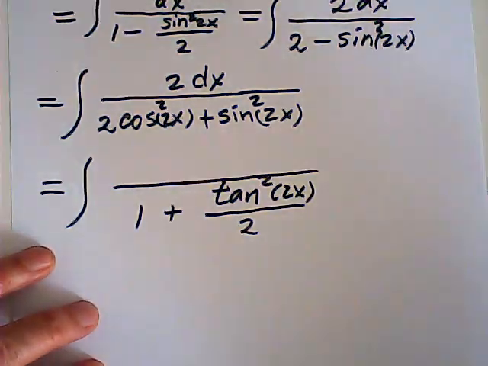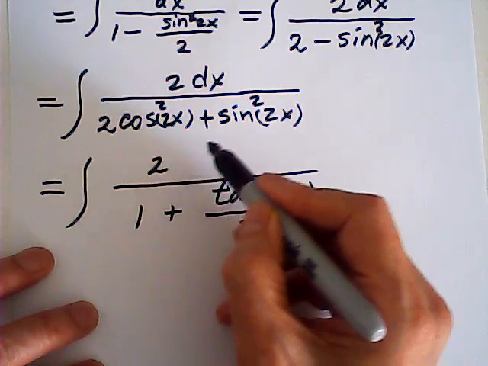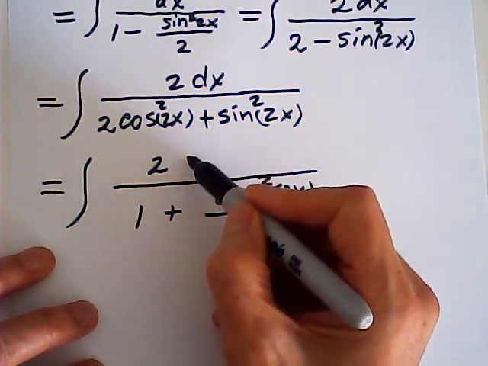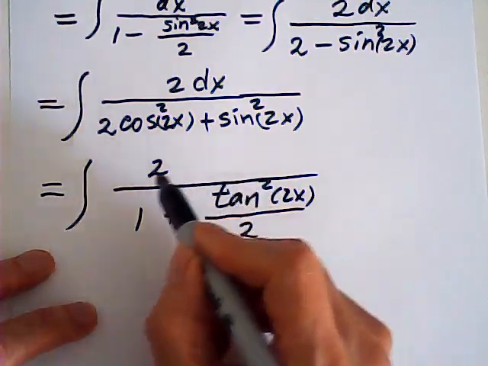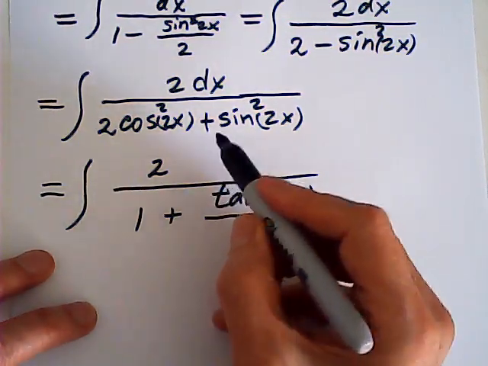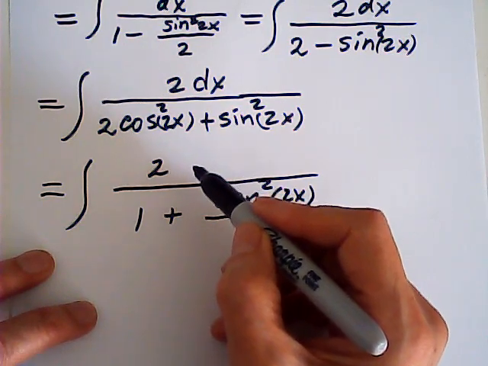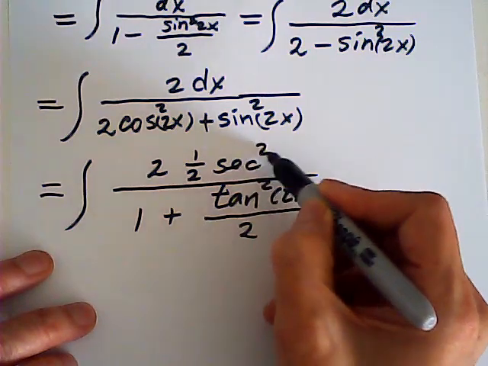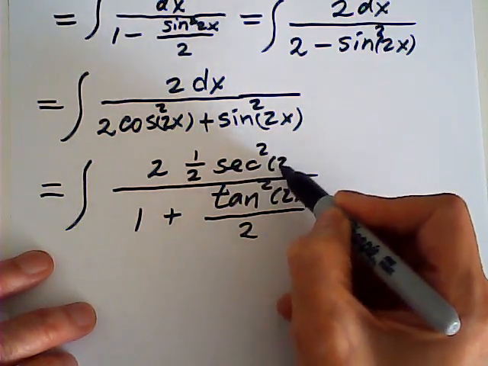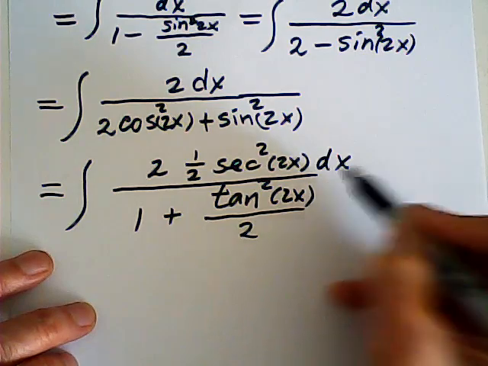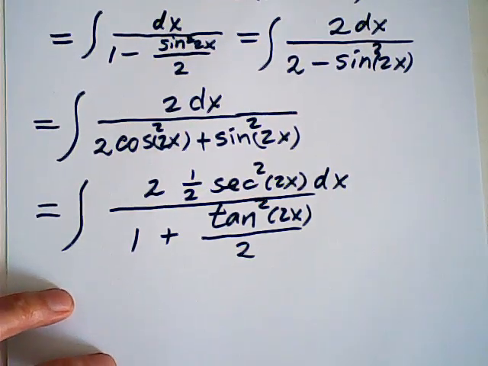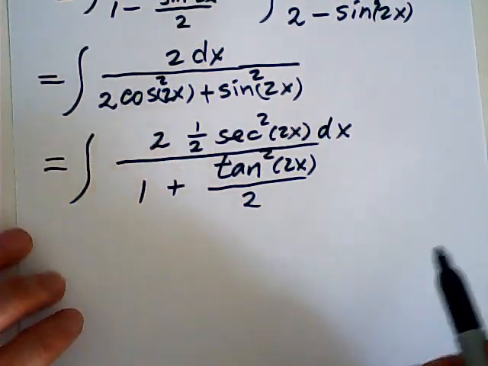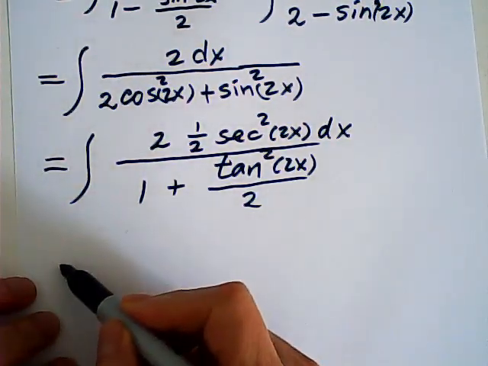On top would be, divided by 2, right? Secant square. So this is 2 secant square 2x dx. Well, I think everything should be okay.